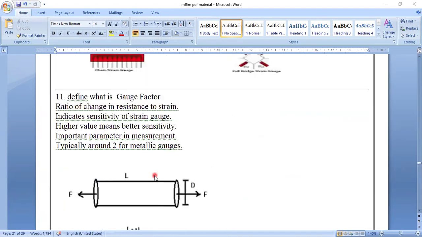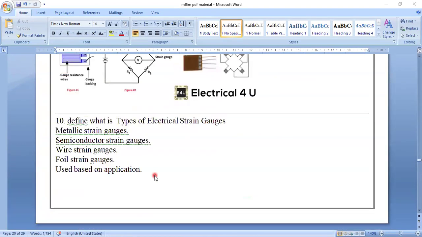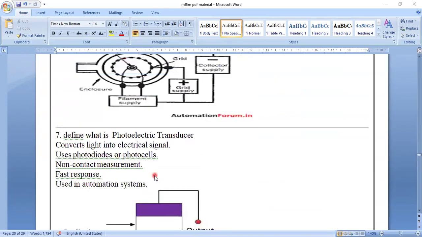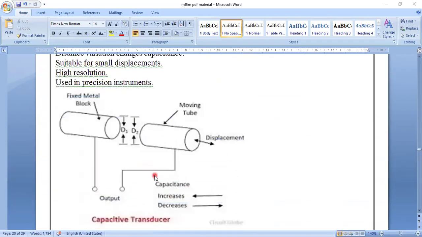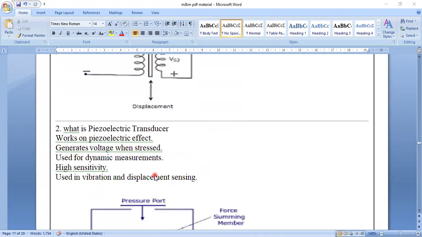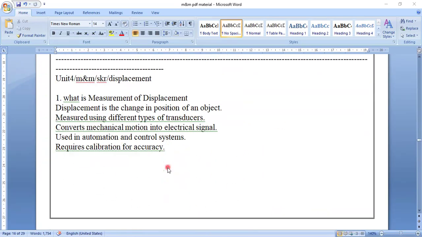I have covered gauge factors, different types of strain gauges, electrical forms, the calibration procedure, photoelectric transducer, ionization transducer, capacitive transducer, inductive transducer, and what a piezoelectric transducer is. Totally, I have covered a good number of questions, 12 to 14, in unit 4, which will be helpful for you in your studies.